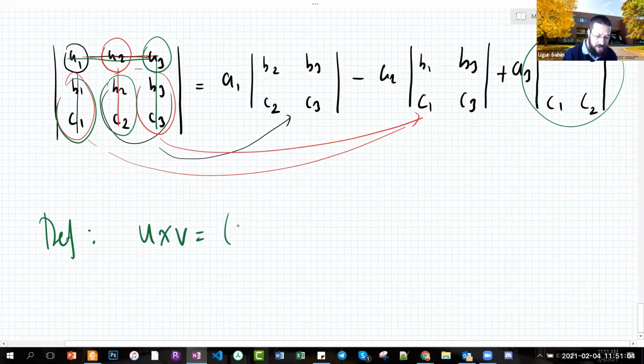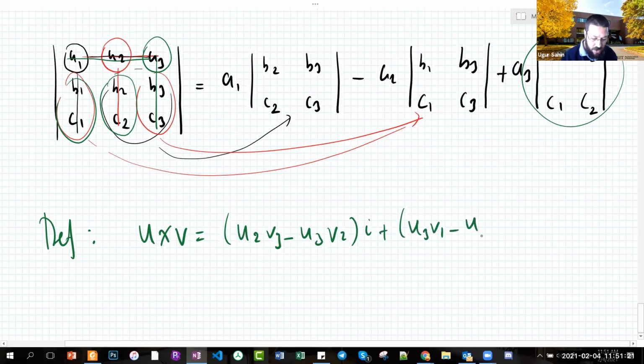I found the formula in this way, guys. U2 V3, I'm gonna write it down again. U3 V2 I plus U3 V1 minus U1 V3 J plus U1 V2 minus U2 V1 K.